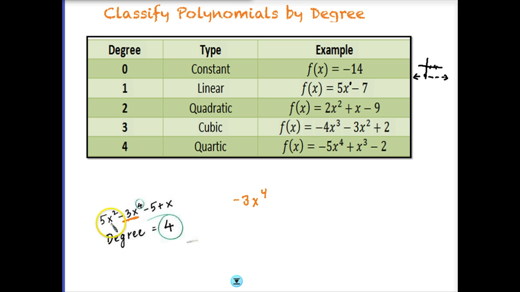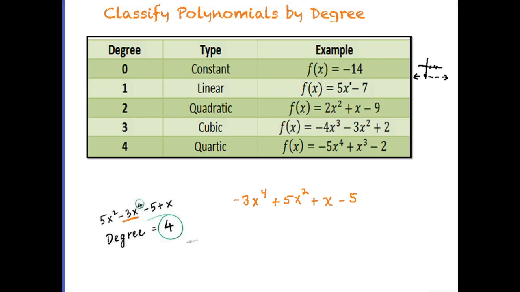The next degree down is the squared, and that's positive 5x squared, followed by just x, so that's x to the first, and then last we have -5. So now this is in standard form and we're fine. But I wanted to point out that we still look at the highest degree, which is 4, to determine what type of function this is, and this is definitely a quartic function.